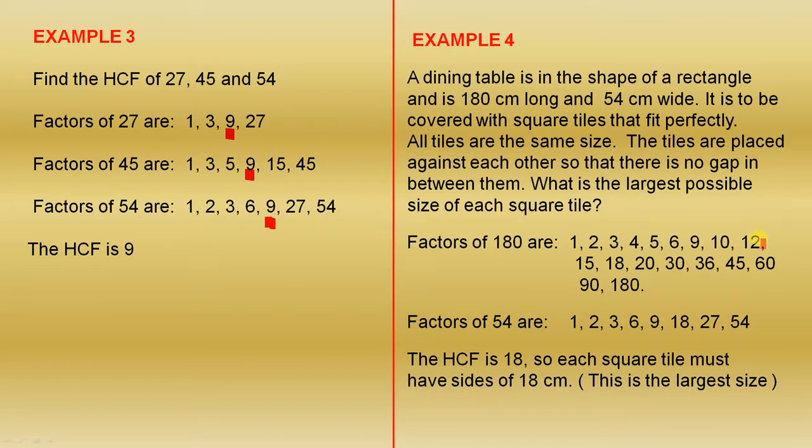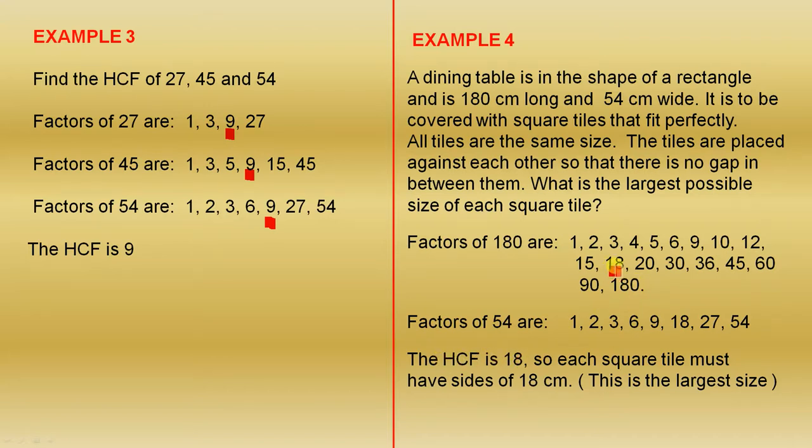So, we said that the length was 180 centimetres, so we're finding all the factors of 180, and here they are. There are quite a lot of them. So if you check carefully, all of these numbers here, they divide into 180. The factors of 54, because that's the width, they are all these numbers here. Now, the HCF is 18. Now let's double check that.